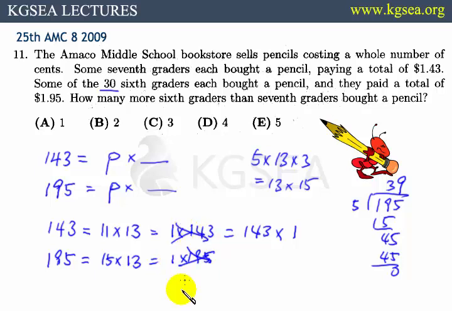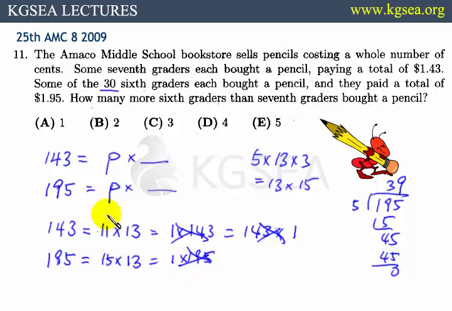So therefore, this is not the possibility either. And if it was 143 cents, there's no way you would buy a few and pay 195 cents. So this is not the case either. Because of this condition that they gave here, it narrows it down to this situation here.